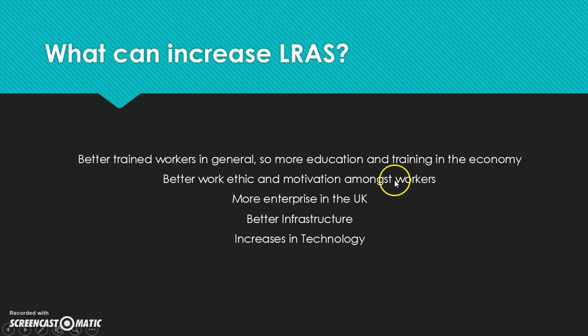So any one of these can increase long-run aggregate supply, but it takes a very long time for it to happen. So simply building new universities is not going to increase long-run supply straight away. There is going to be what we'd call a time lag. It's going to be a difference between when you build them and then a few years before things really start to actually happen.